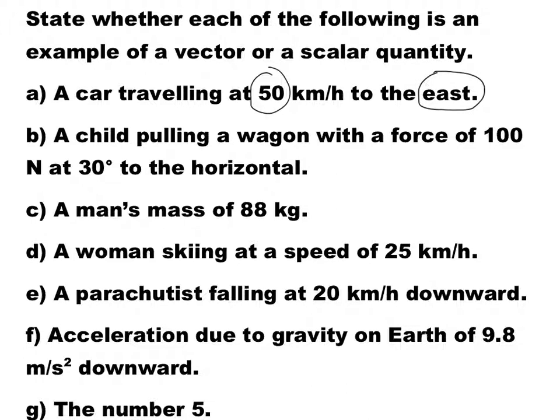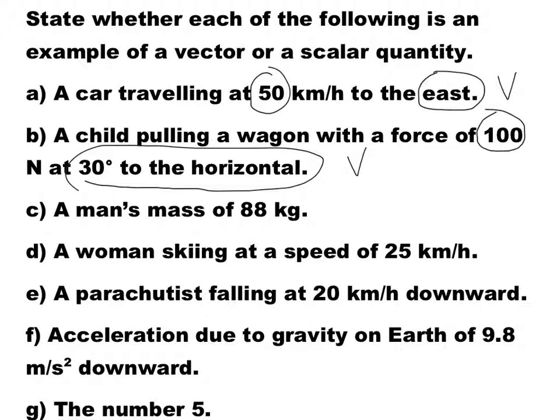So this represents a vector. The second question says a child pulling a wagon with a force of 100 Newtons at 30 degrees to the horizontal. Again, you do have magnitude, 100 Newtons, and also the direction, 30 degrees to the horizontal. So this represents a vector again.